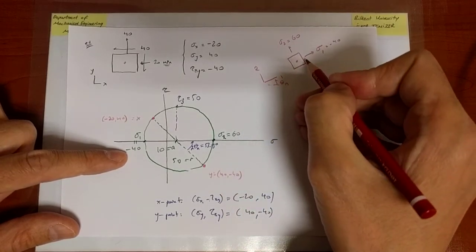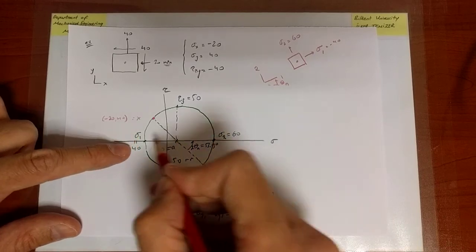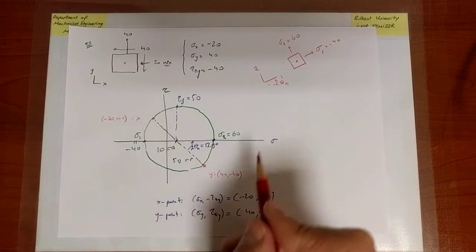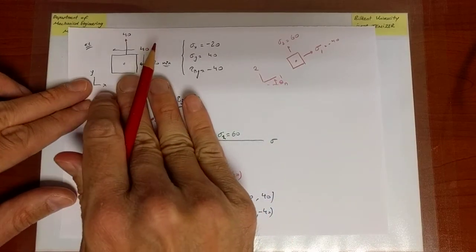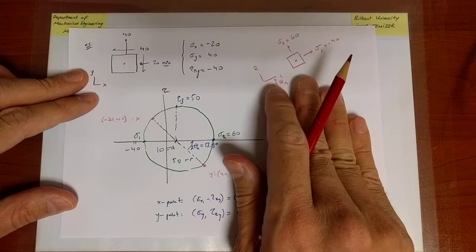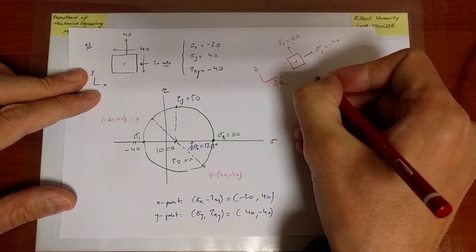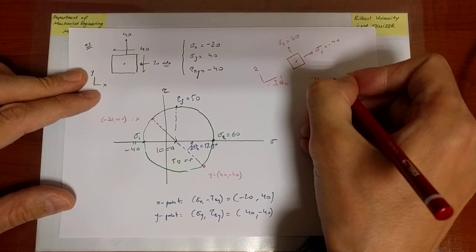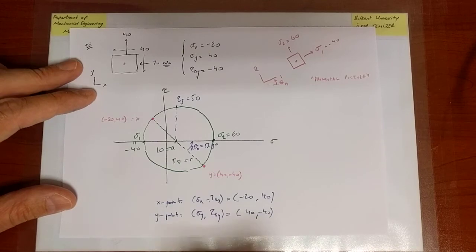But there is no shear stress because this is a principal direction. This point is 60, 0, this point is minus 40, 0. The shear stress is 0 as it should be on the principal direction. This is what I will always refer to as the original physical picture, and this is the principal picture. Okay, because it is such an important picture in our minds.